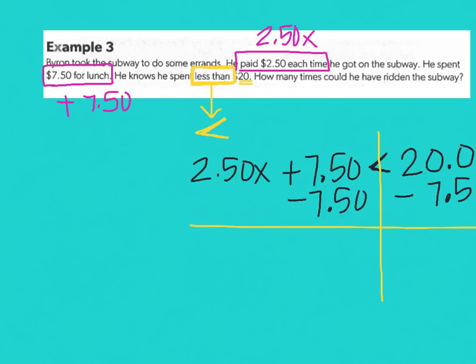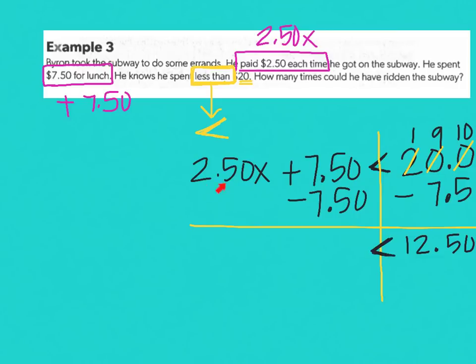It's not going to change my answer. 20 minus $7.50. This is not going to work out, so I'm going to borrow. Then when I do that, I should get $12.50. I'll go ahead and put it back in there. That is supposed to be less than.